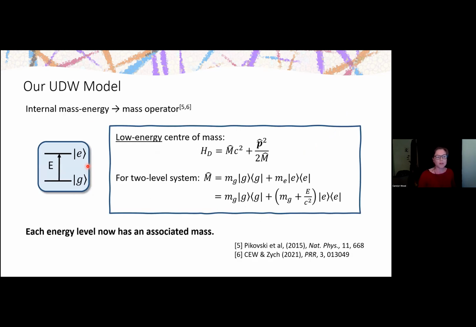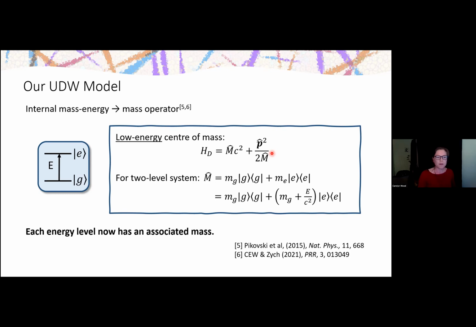So in my model, I bring in the relativistic corrections to the center of mass via the mass energy equivalence, and that essentially turns the mass into an operator. In the low energy regime, where the previous model has also been conceived of, the detector now has this rest mass energy added to the aforementioned center of mass.